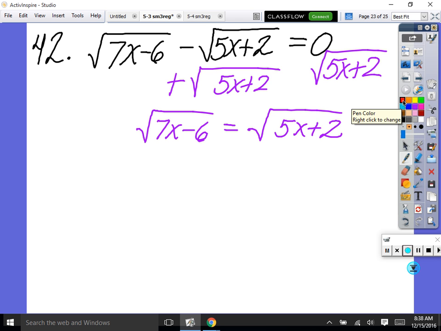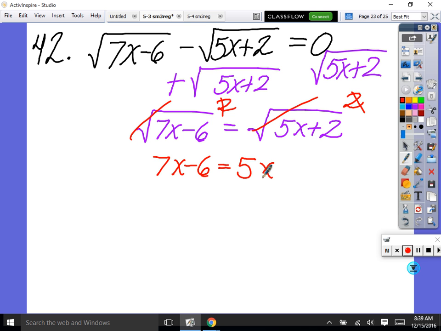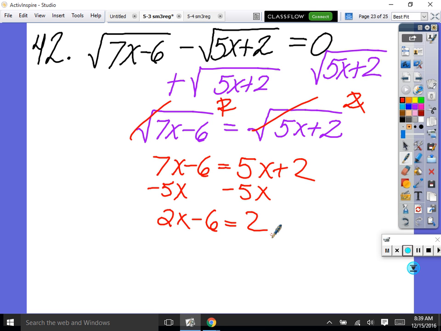Now, what are we going to do to undo the square root? Square both sides of the equation. Root cancels out with power. We have 7x minus 6 on this side. Oh, nice. Root cancels out with power. We have 5x plus 2. And now we have a very pretty linear equation to solve, right? Combine our x's using algebra, so we'd subtract 5x. That's 2x minus 6 equals 2, correct?